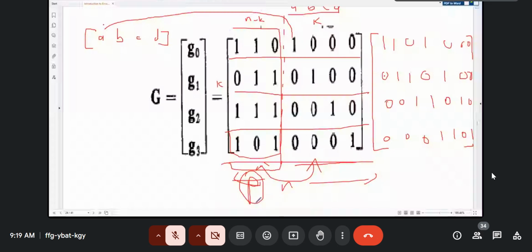Is it something that we are supposed to take as it is, or are we supposed to generate it? For now, just take it as it is, because later we are going to see that even what we are using can be generated through BCH construction, which we are going to do in detail. For now, just take it. You are given a matrix. If you are given a question like this one, you'll be given either the H matrix or the G matrix.